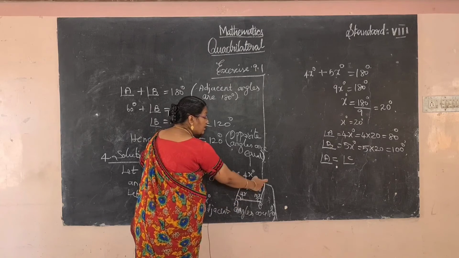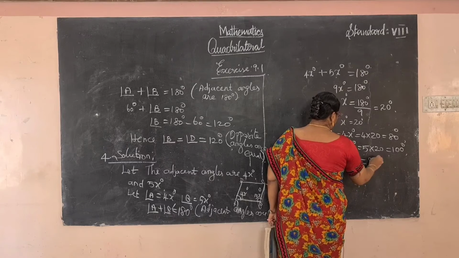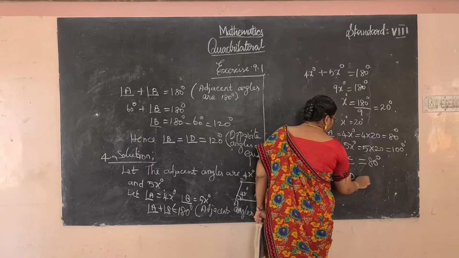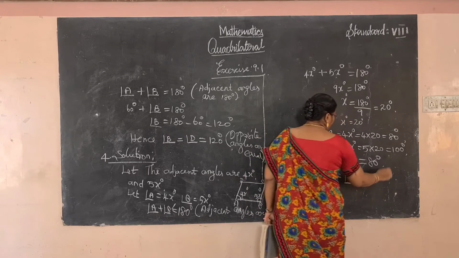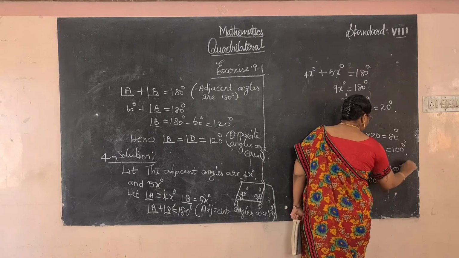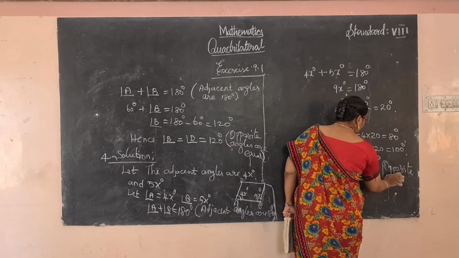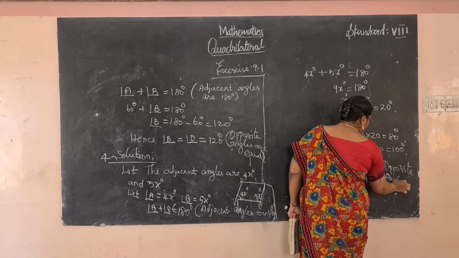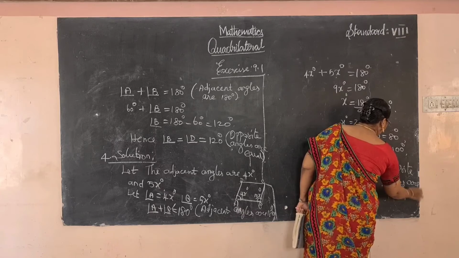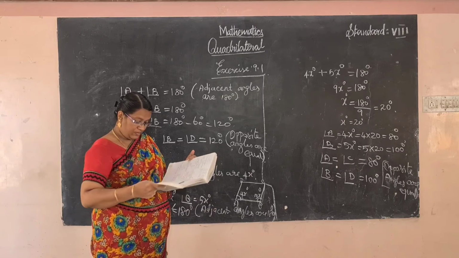So angle C is also 80 degrees, and angle B is opposite to angle D, which is equal to 100 degrees, since opposite angles are equal. Okay, that's it.